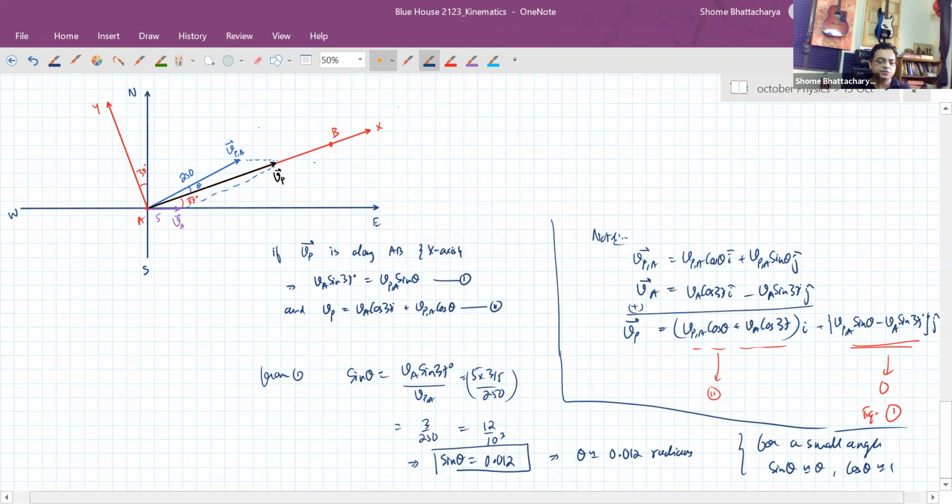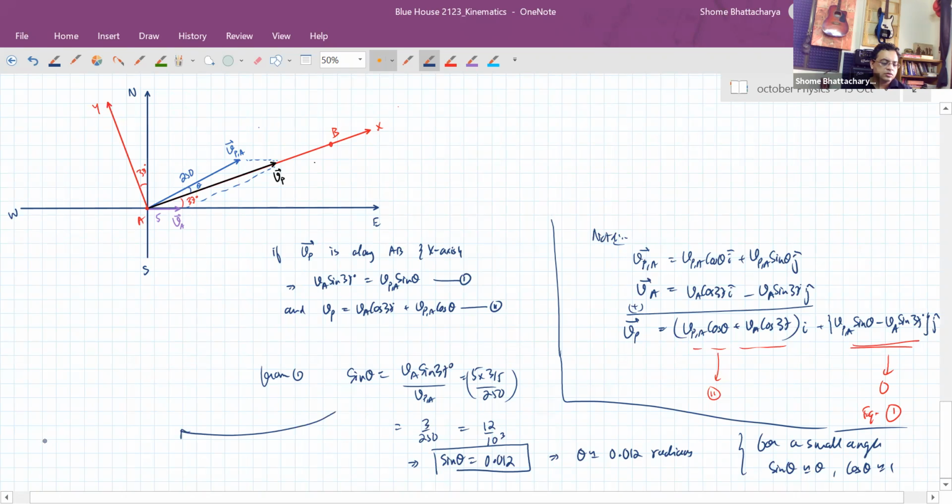So the answer to the first part will become like this, that the aircraft will have to be turned at a very small angle with respect to the line AB, and that angle is approximately 0.012 radians to north of the line AB.